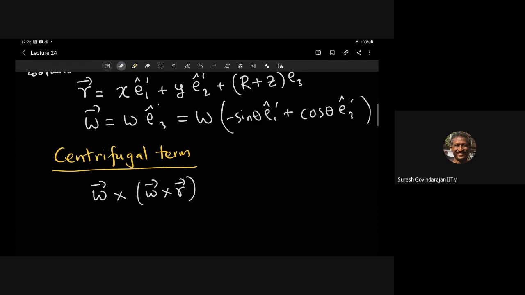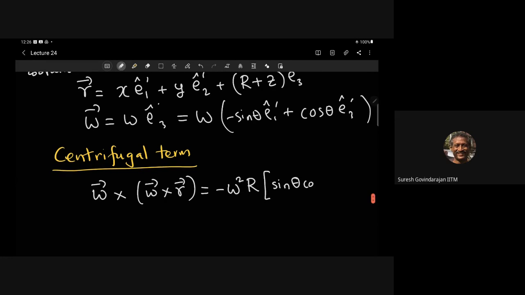If we do this computation, I am going to skip some steps. So we get one term, this is what you will get.